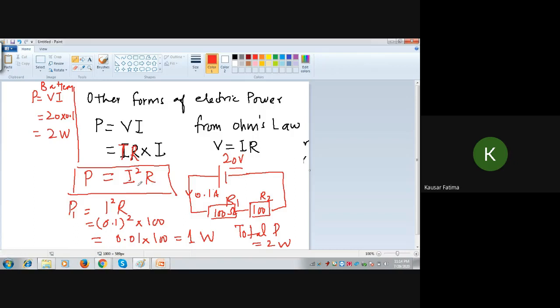Okay. So besides having I square R, we have one more formula of power. What is that?